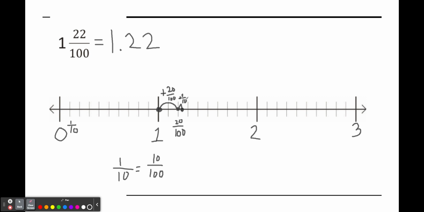Ooh, that's really, really small. So let me write this a little bit bigger. So we jumped from 0 to 1, then we jumped to 2 tenths, and now we're a little bit further away at 2 hundredths. So 1 and 22 hundredths is right here on our red spot.